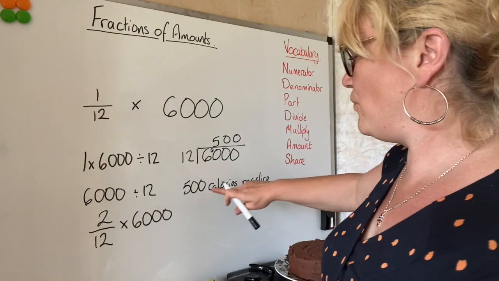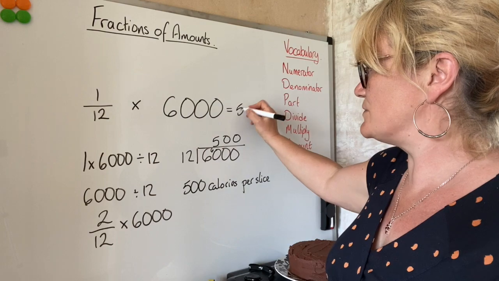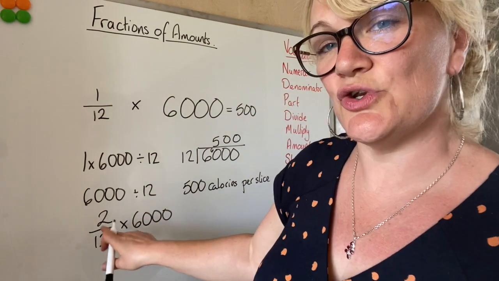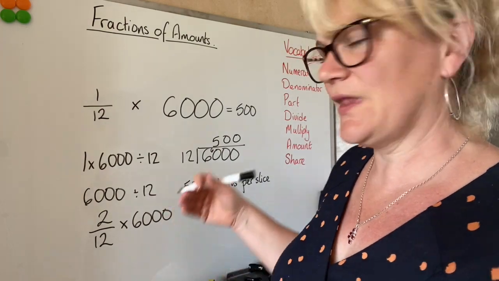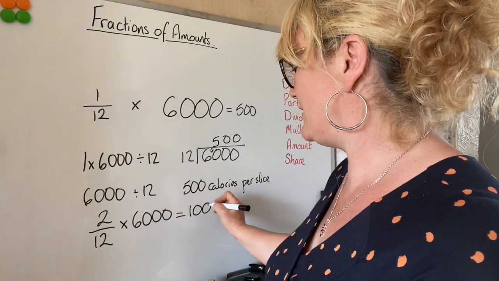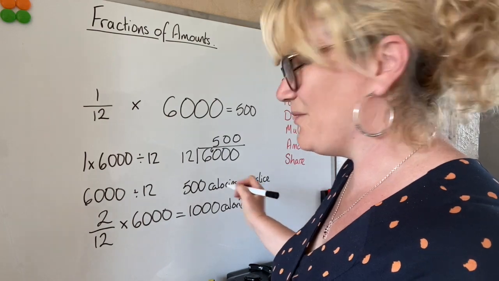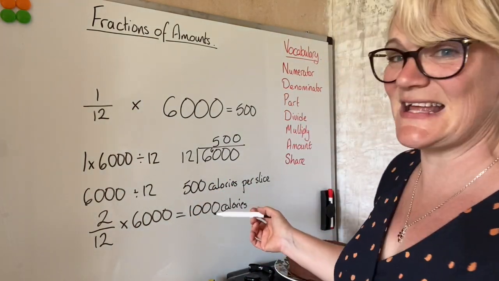We've worked out what 1/12 is. 1/12 equals 500, doesn't it? If we want to find out what 2/12 are, we can double that, can't we? 500 times 2 gives us 1,000 calories. And maybe I need to wait till tomorrow to have another slice of cake, because that's an awful lot.